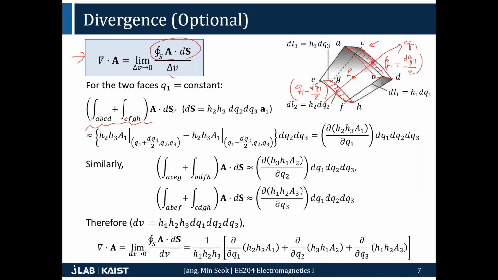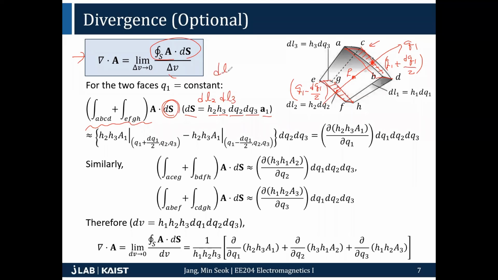And here, dS is now defined as h2 h3 dq2 dq3 a1. The reason is obvious, because if you want to get an area, you multiply dl2 times dl3, right?